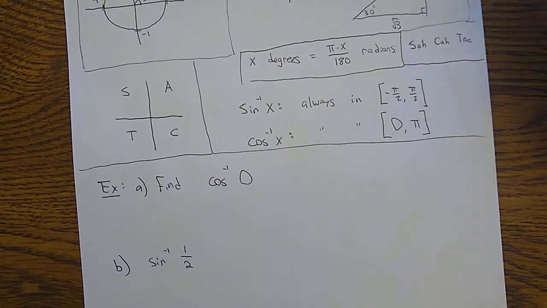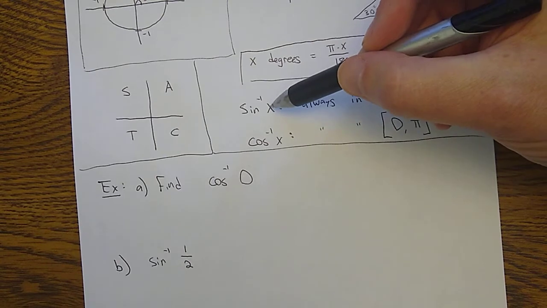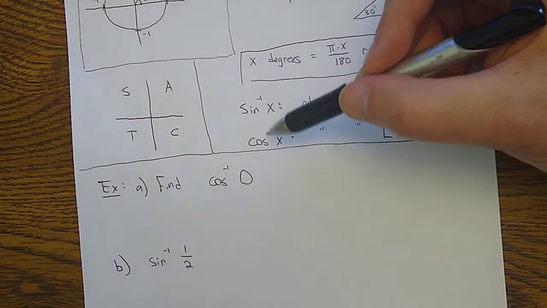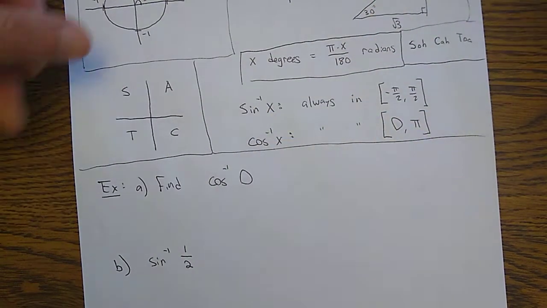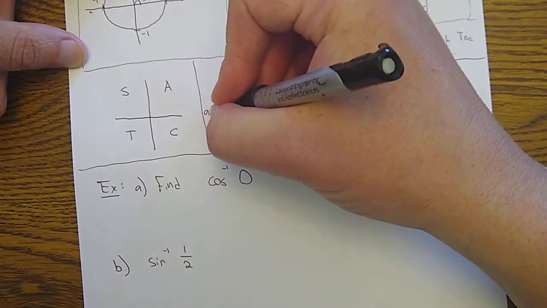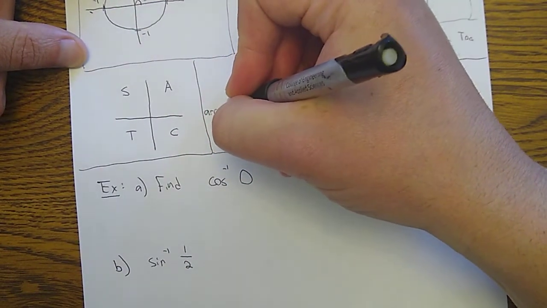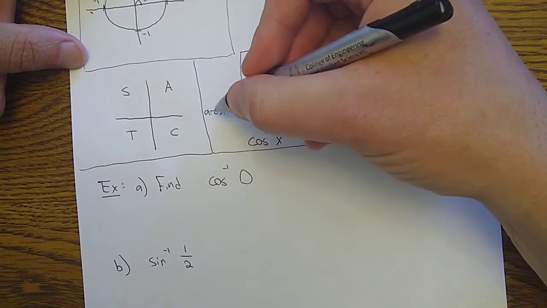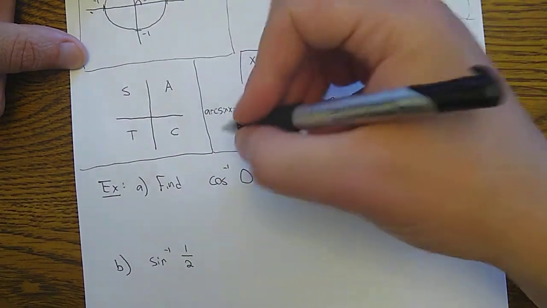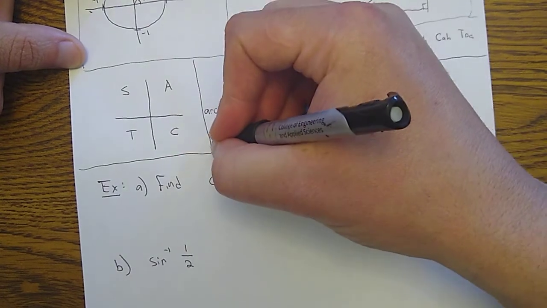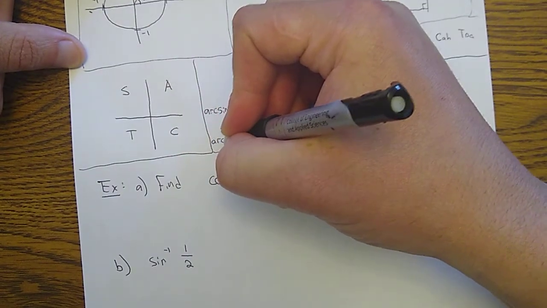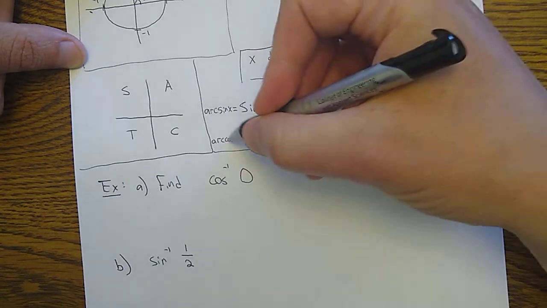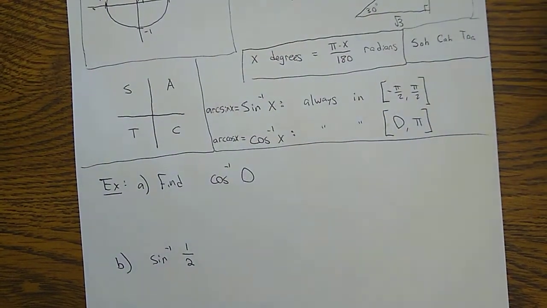And one more thing about inverse trig functions like arc sine and arc cosine. You sometimes see these written this way, and this is how I say it out loud: arc sine. And similarly, you would often see this written arc cosine, and that's how I say it out loud.